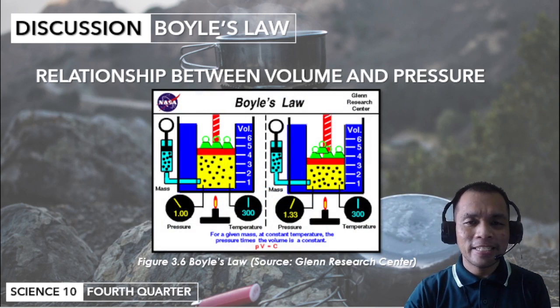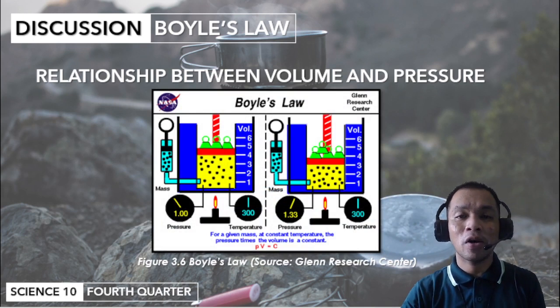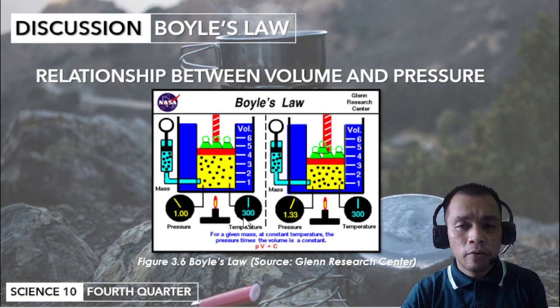Now, this is just a representation of Boyle's law. As you can see in the image, we have the pressure. When we increase the pressure, what happens to the volume?